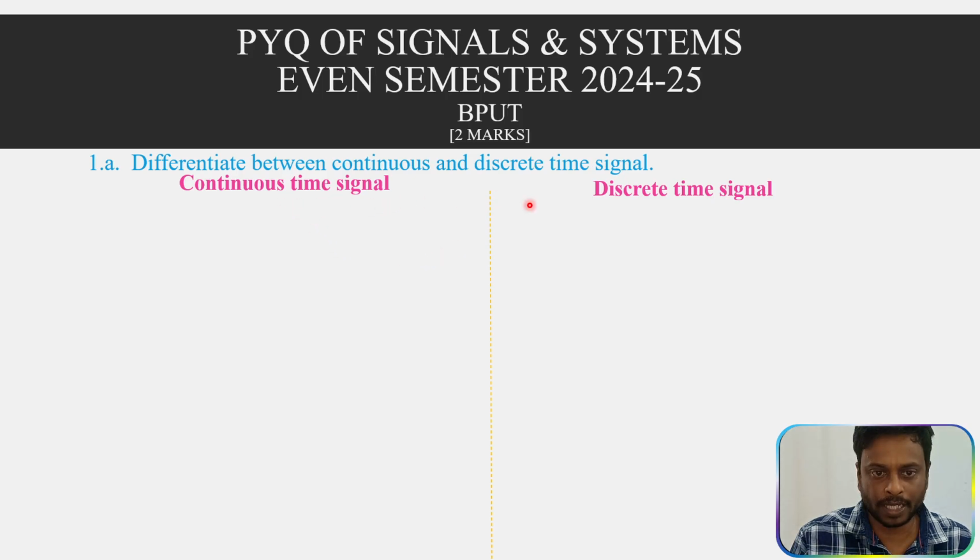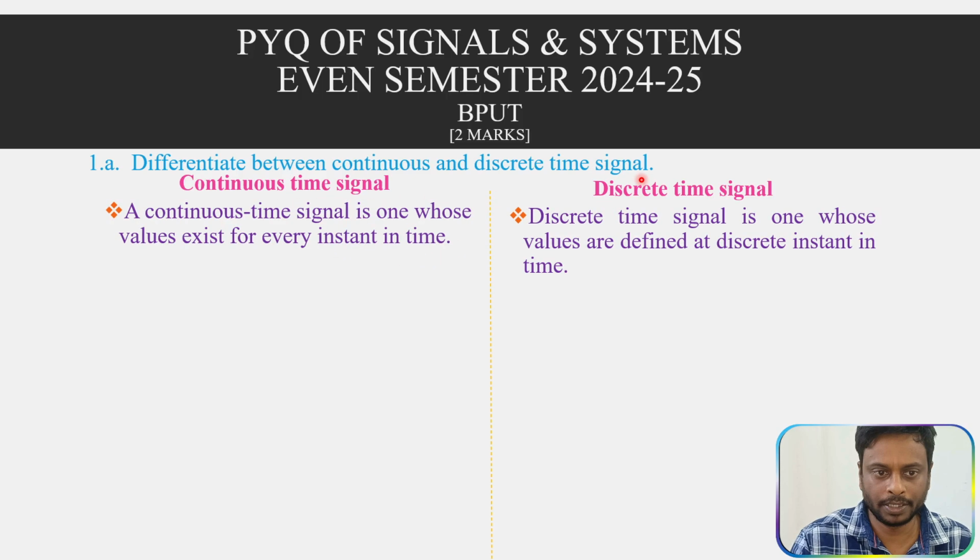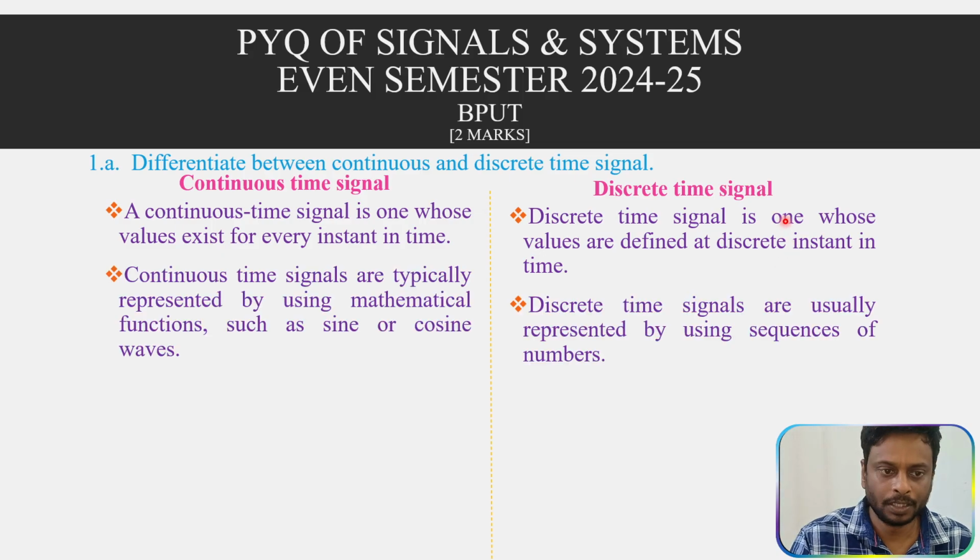So, continuous time and discrete time signals. In the case of continuous time, there is a value that exists for every instant of time. But in the case of discrete time, the signal is defined only at discrete instants in time. Continuous time signals are typically represented by sine and cosine waves.